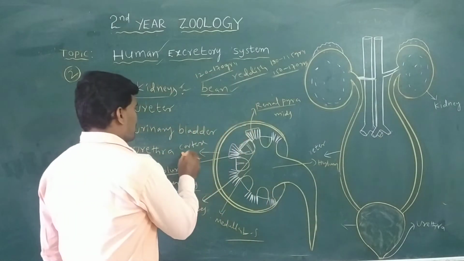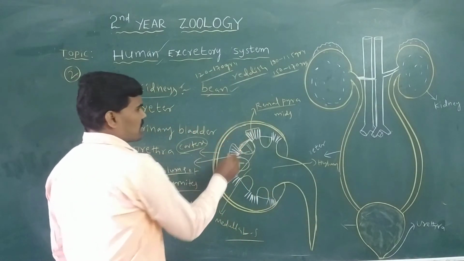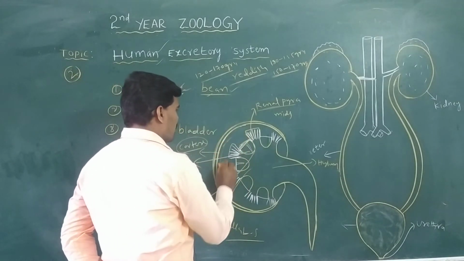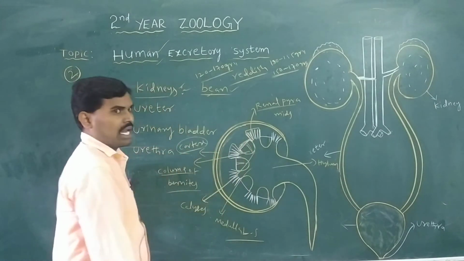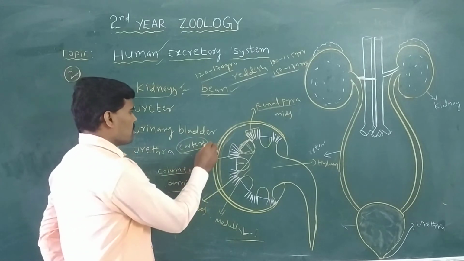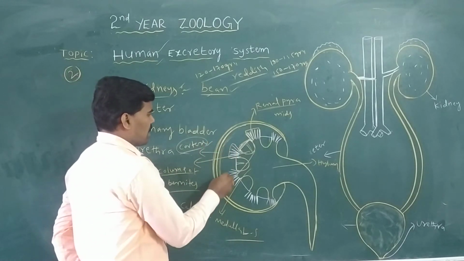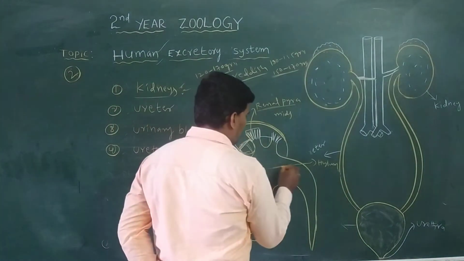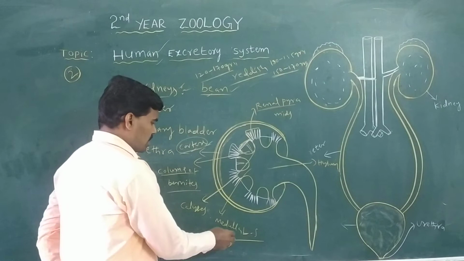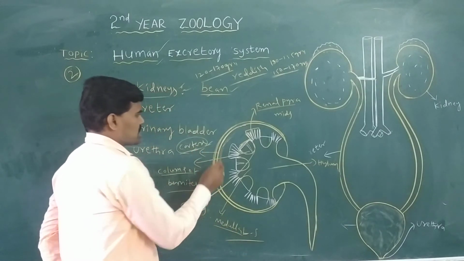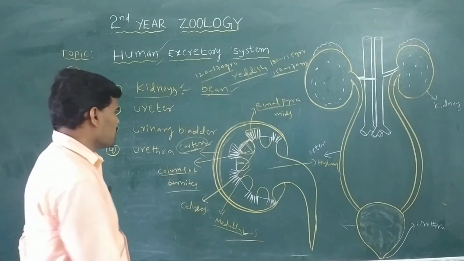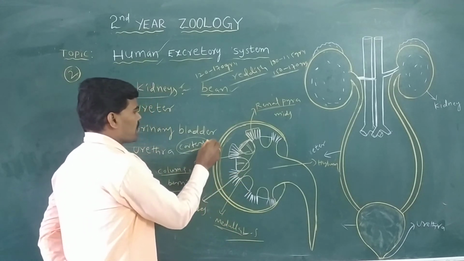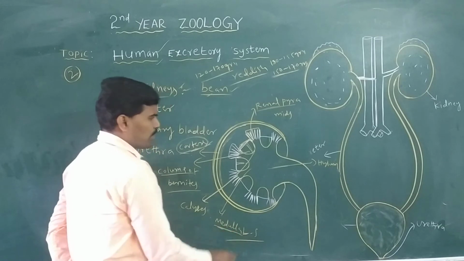The pale red outer part is called the cortex, and the brick red inner part is called the medulla.